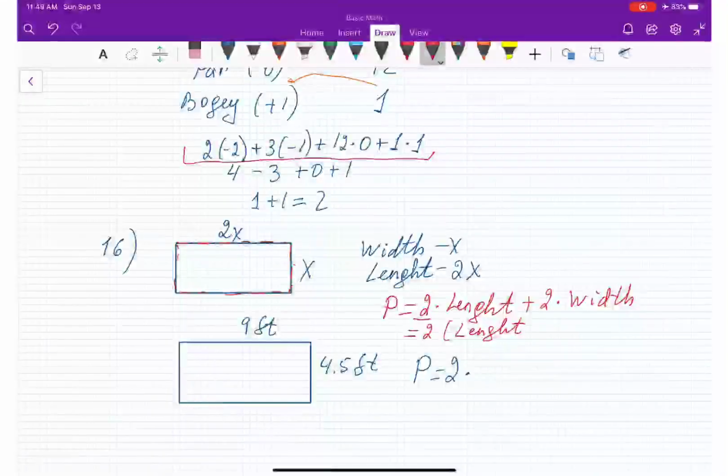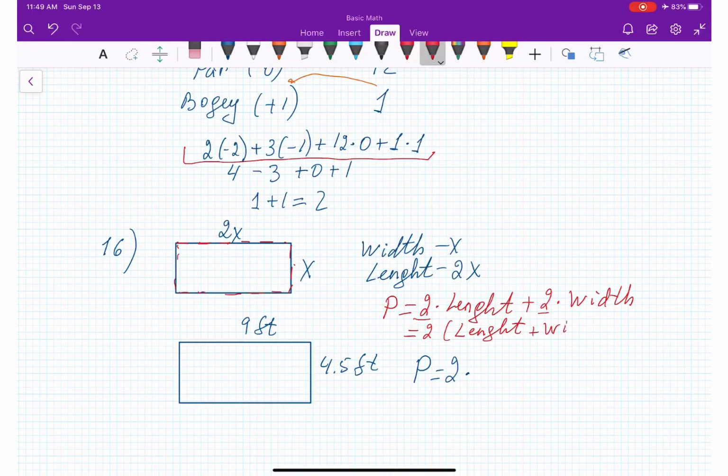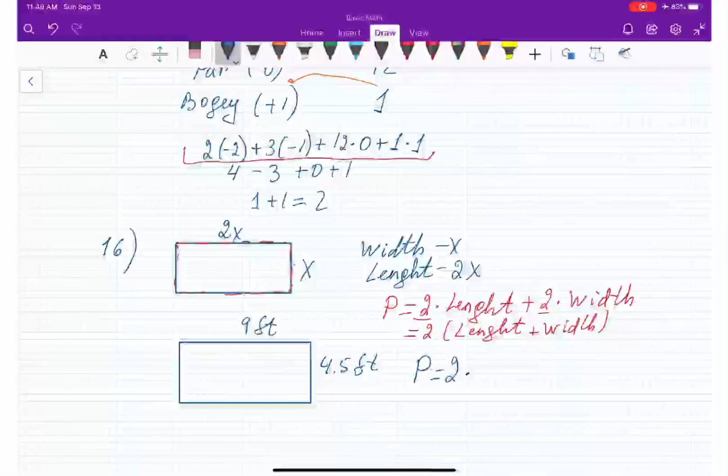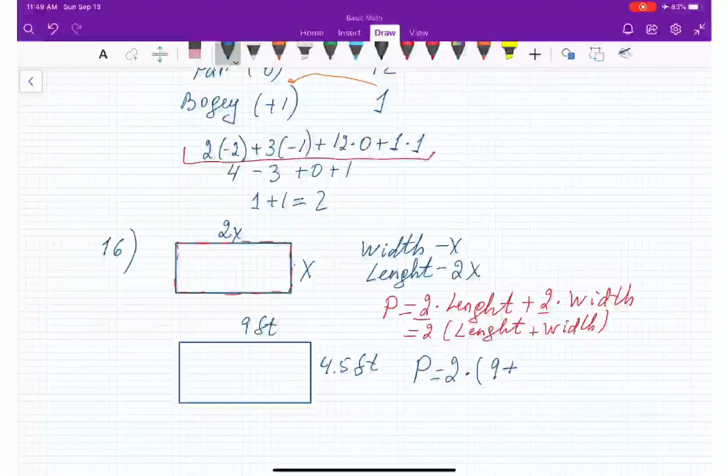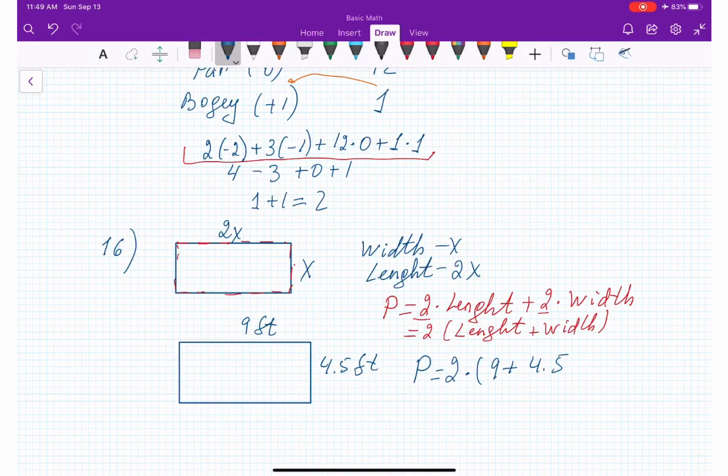Not a big deal. So twice 9 plus 4.5, because length is 9, width is 4.5.